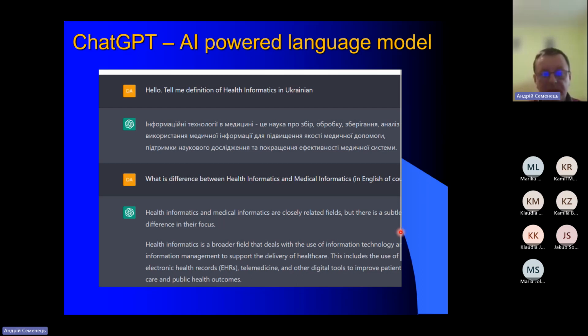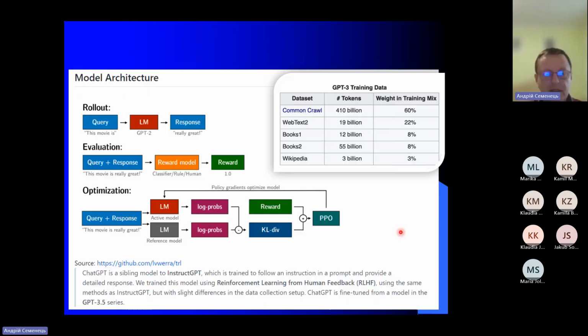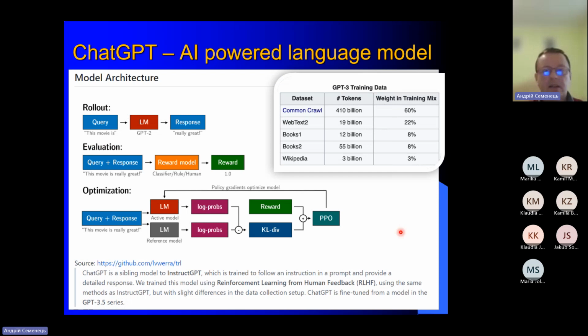Here is an example generating text in Ukrainian as well as English, but obviously it's much richer in English. That's an obvious consequence of how this architecture is made and what kind of data was used for its training.